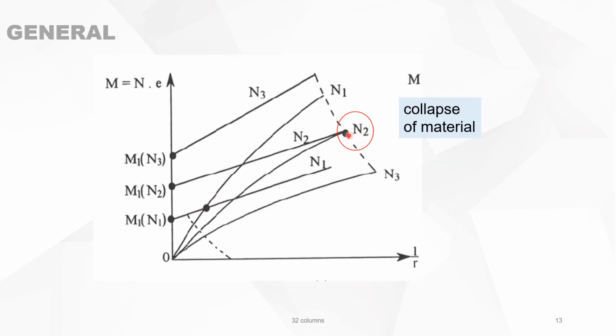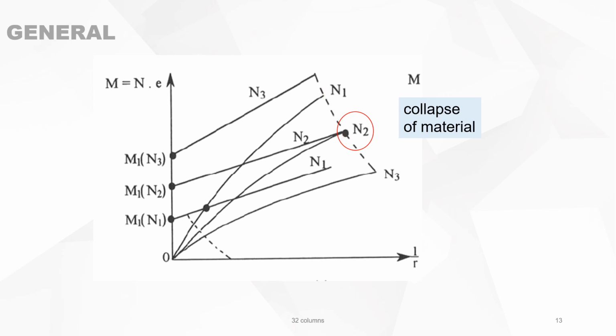We take, for instance, an internal curve N2 with the external curve with N equals N2. And when you have a situation like that, where those two touch in this intersection point, then we know that there is a collapse of material.